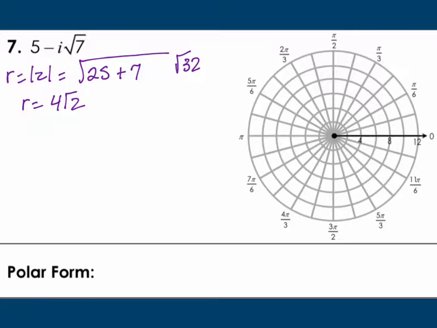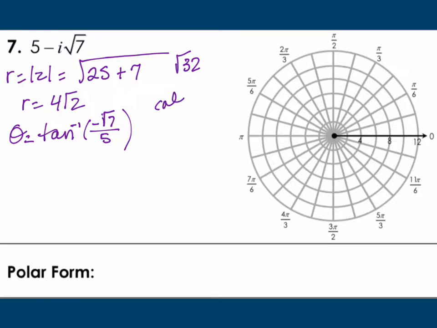So r is 4 square root of 2. Theta is the inverse tan of negative square root of 7 over 5. So obviously this one is going to be with a calculator.